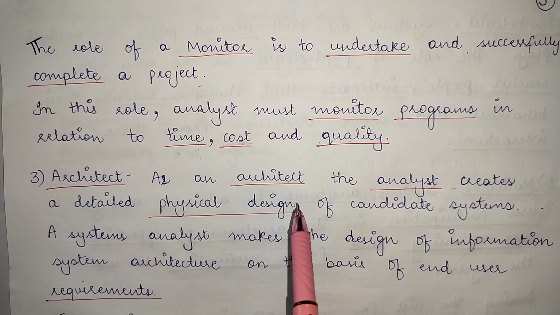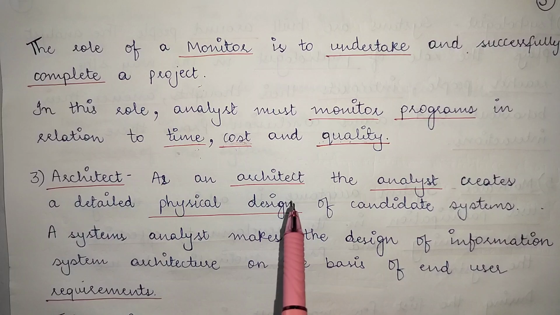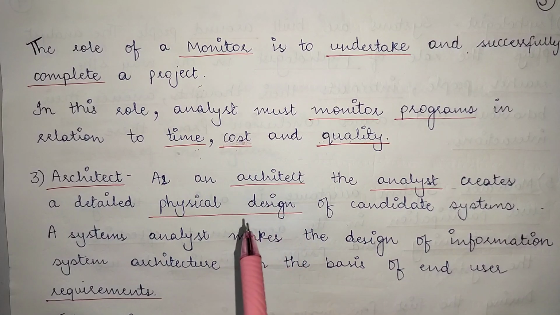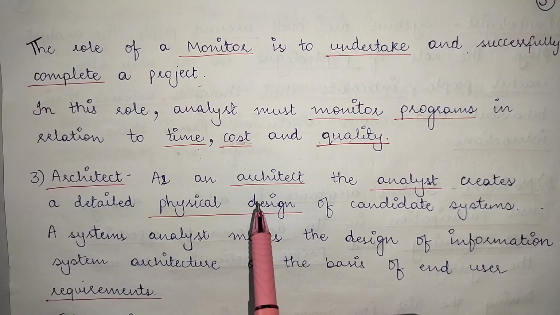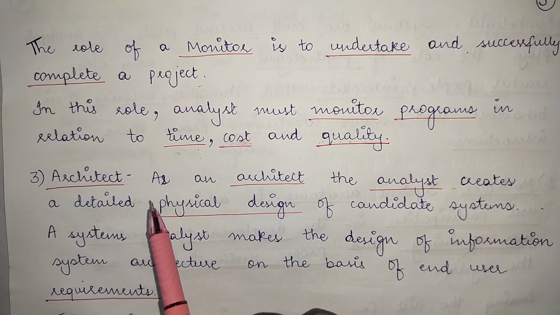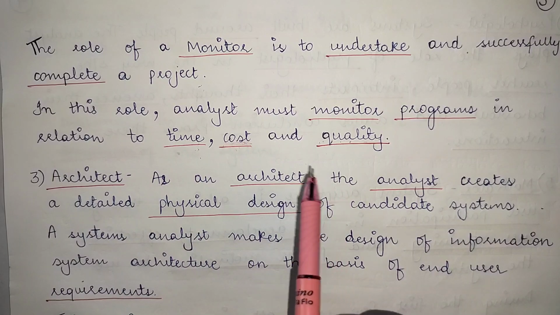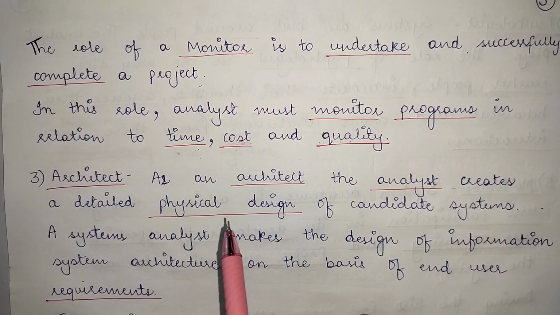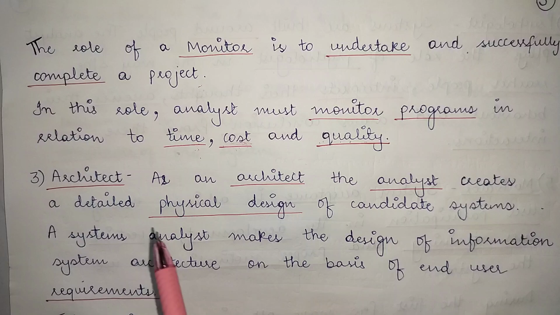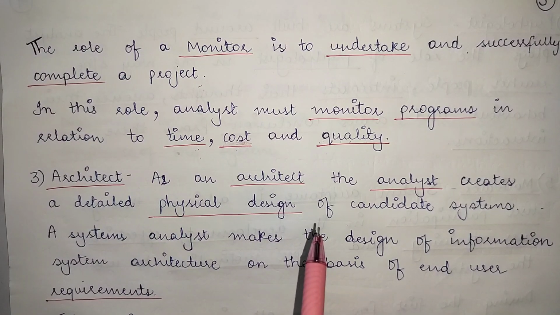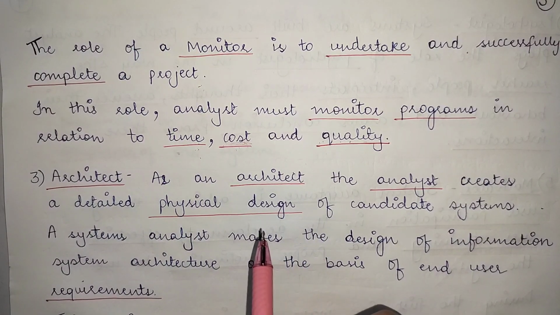As you know, an architect designs before it is implemented by the programmers. So when I say that the analyst has the role of an architect in an organization, I mean that the analyst first creates a detailed physical design of the candidate system that has to be implemented.